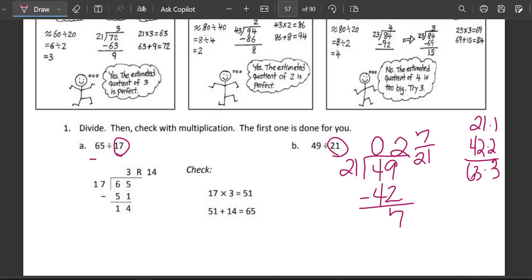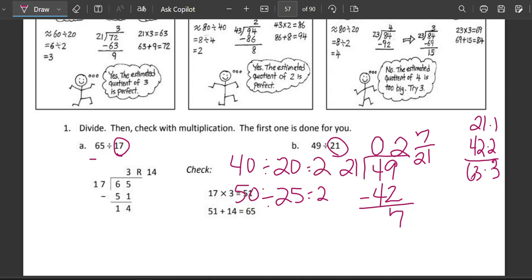Oh, we didn't do our estimate. I could do 20 and 40, or I could do 25 and 50. This would be 2, and this would be 2.